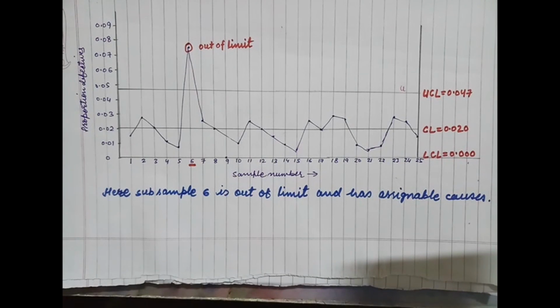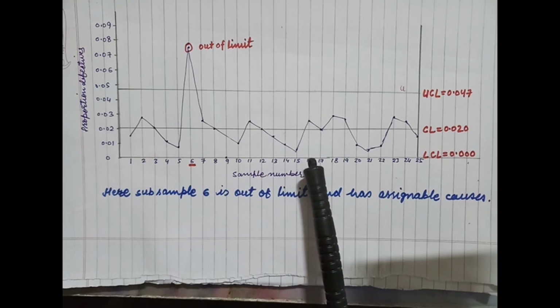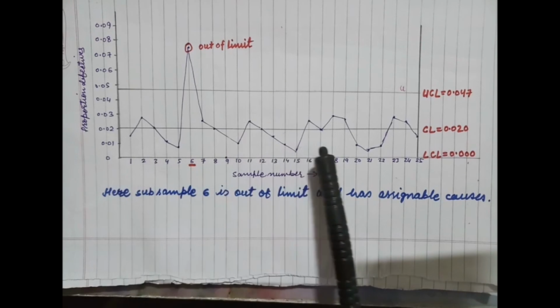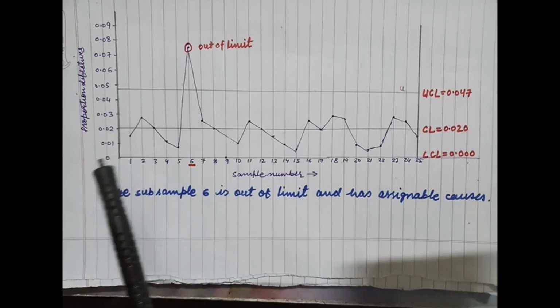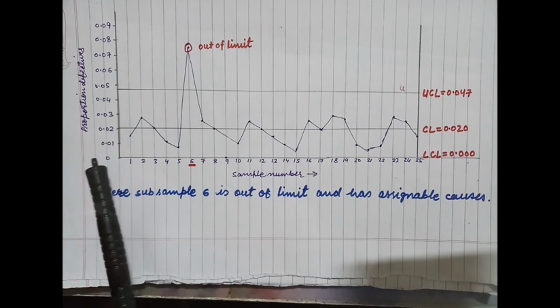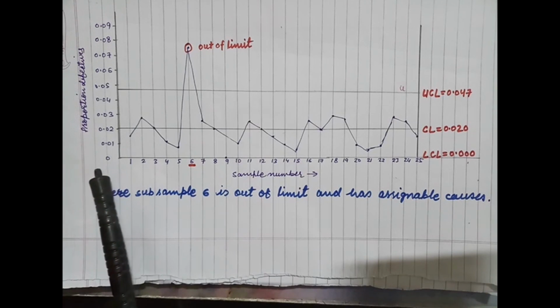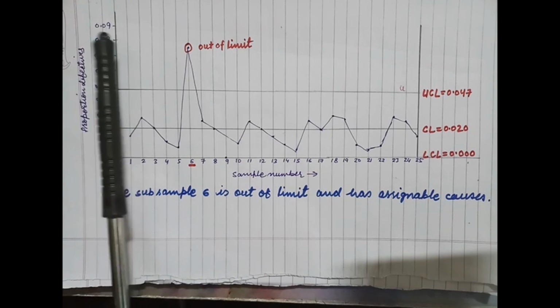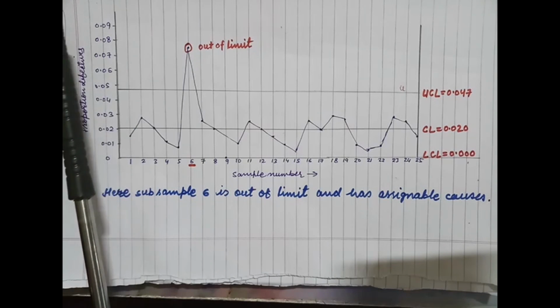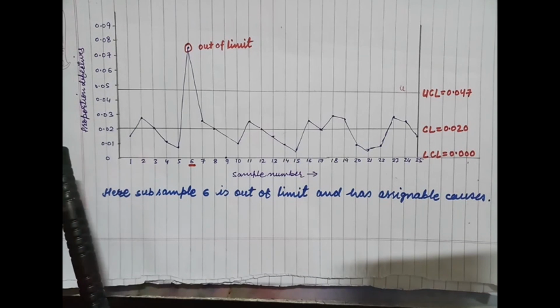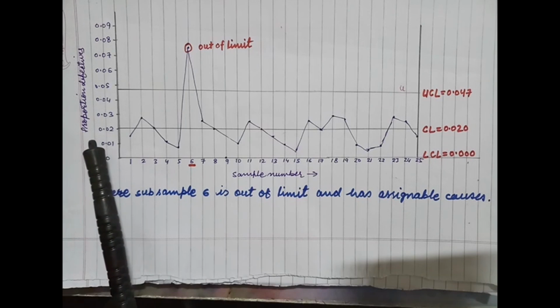Now we will draw the P chart. On the x-axis we will mark the sample number, subgroup number 1 to 25. On the y-axis we will mark the proportion defectives from 0 up to 0.08 or 0.09. Then we will mark the central tendency, or P bar.